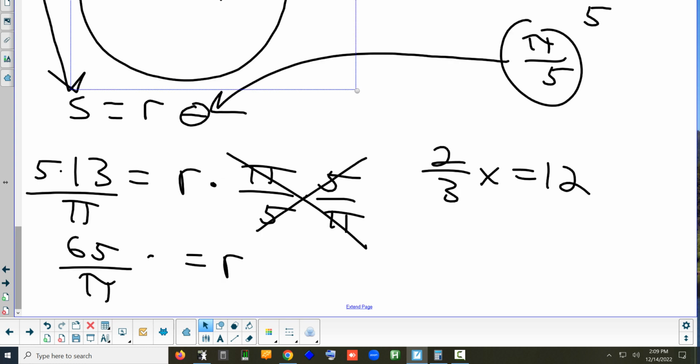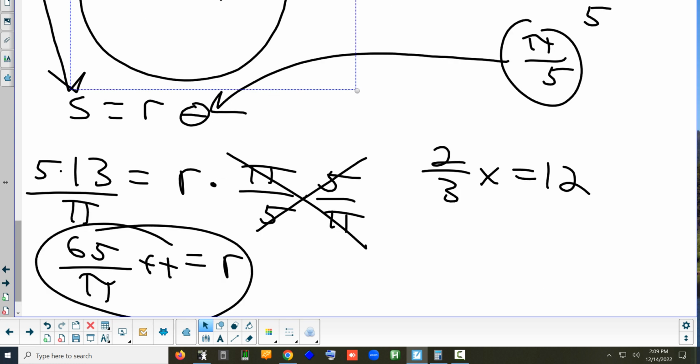So my radius is also measured in feet. If we wanted a decimal, we just type in 65 divided by pi, and that would be the length. It'll just depend. If the directions say round to 2 decimal places, then you'll just have to round it. If it says leave it as an exact answer, then that would be what I'm looking for. All right. Any questions on that first one?